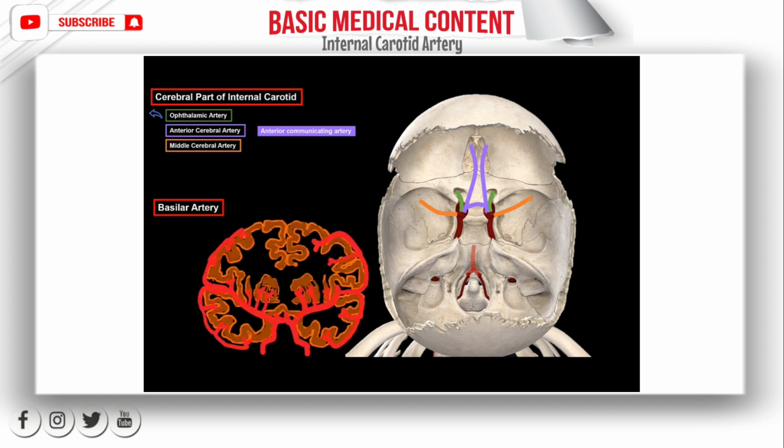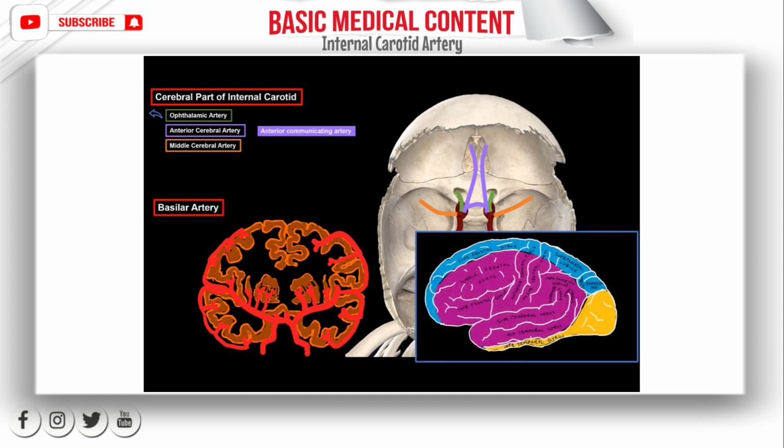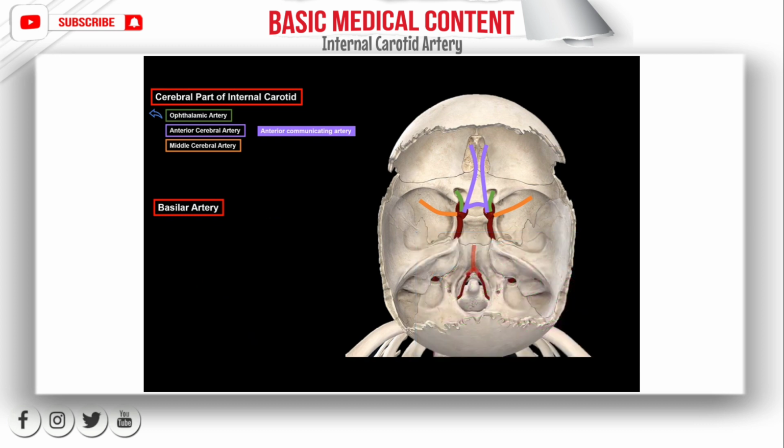It supplies the insula, the lentiform nucleus, the caudate nucleus, the internal capsule, along with the superior and the middle temporal gyrus and the rest of the purple areas in the brain here. That's why the middle cerebral artery syndrome is associated with many symptoms like paralysis, sensory loss, and speech problems, mainly because Broca's area and Wernicke's area are also affected. So that's mainly all I had for the middle cerebral artery.